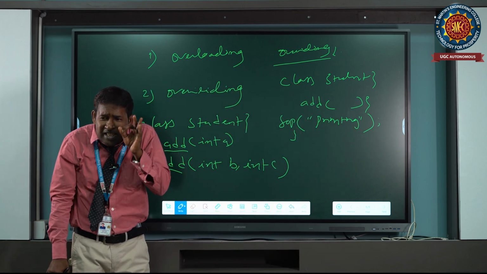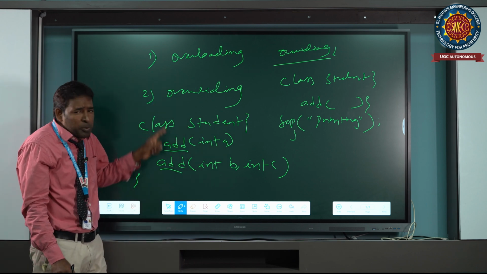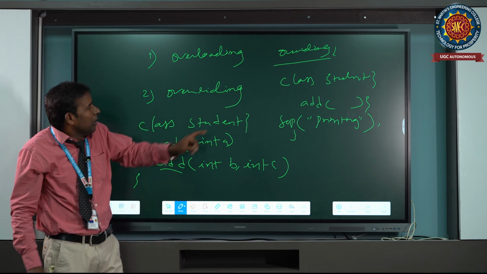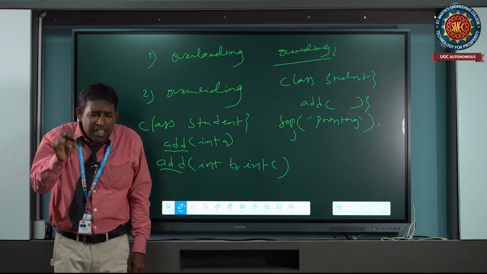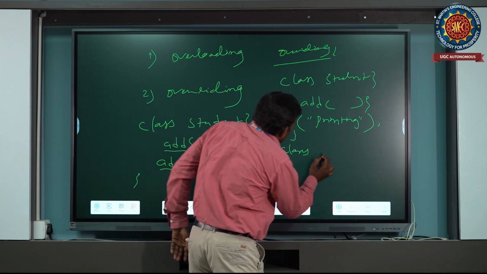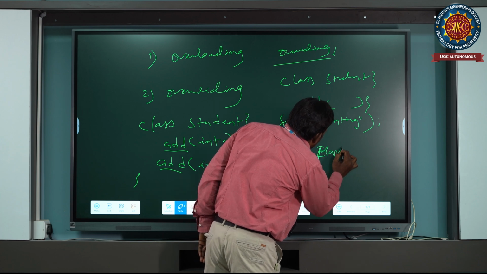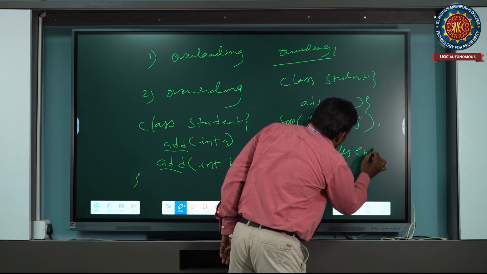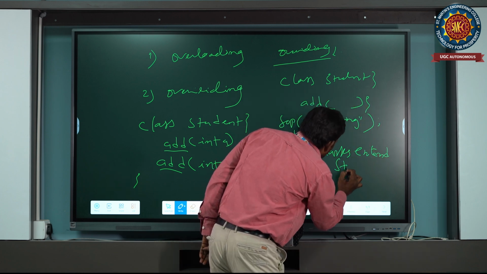By using the inheritance concept only we can achieve overriding, because overloading is possible within the same class only. But overriding is possible in the inheritance concept only. Again, we take one more class, employee or marks, that extends student.